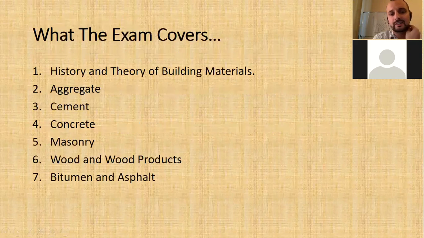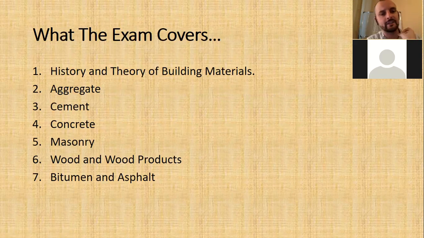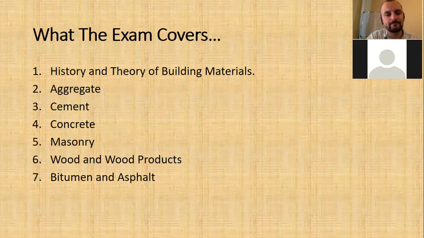So what does this exam cover? It covers everything in the curriculum. So you could be getting questions on anything here. The history and theory of building materials, the historical overview, which we did in week 1. Aggregate, cement, concrete, masonry, wood and wood products, and also bitumen and asphalt.